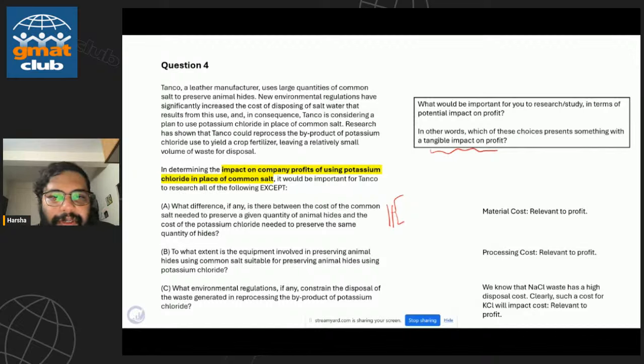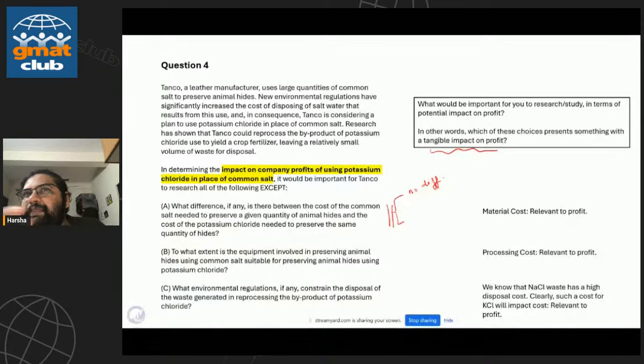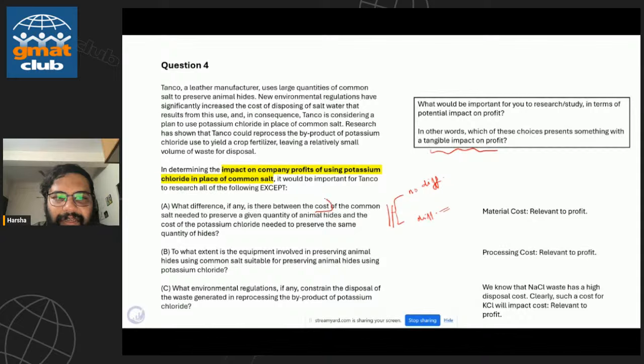Think about it. If there is no difference, then it may not really matter that much. The impact on profit is minimal. But if there is a clear and strong difference, then there is going to be a positive or a negative impact on profit. In other words, there's a clear, tangible connect to profit, and therefore this is relevant. And how is it connecting to profit? In terms of cost. Remember, profit is equal to revenue minus cost.